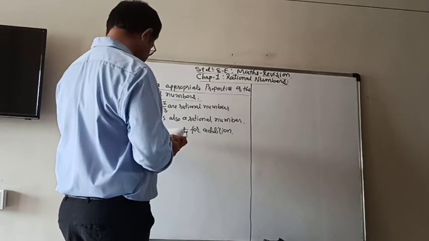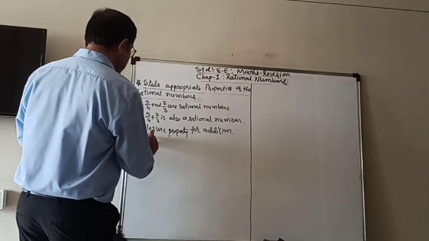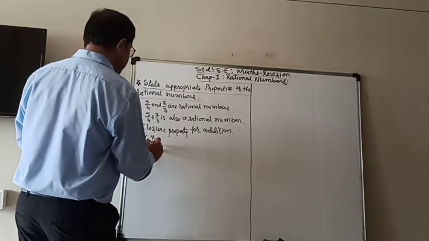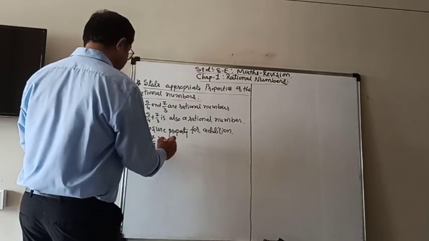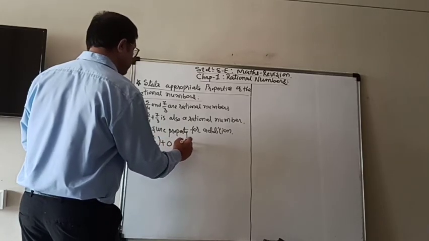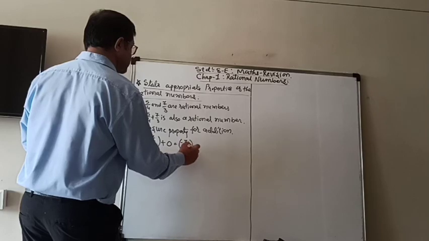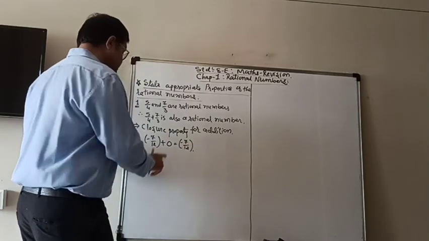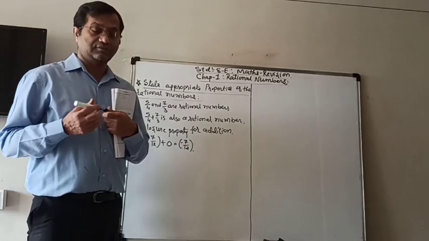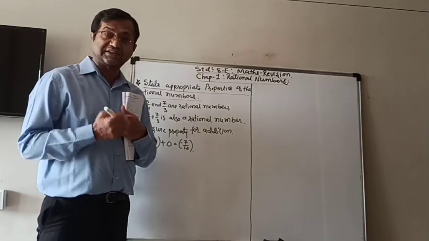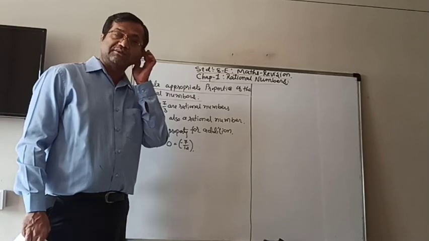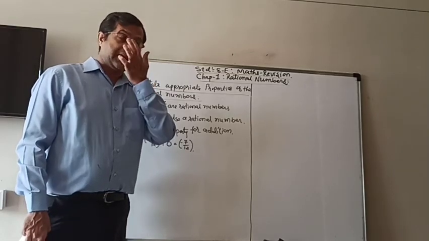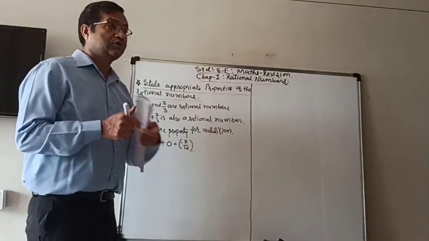Second, minus 7/12 plus 0 is equal to minus 7/12. Now we know that when we add 0 to any rational number, the answer is the same rational number because 0 is the additive identity.